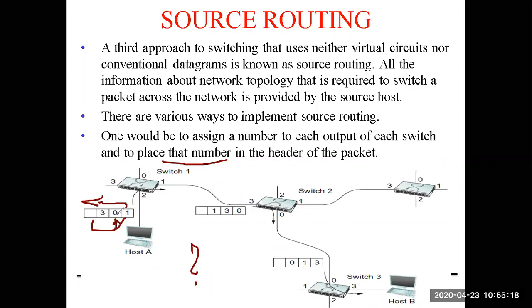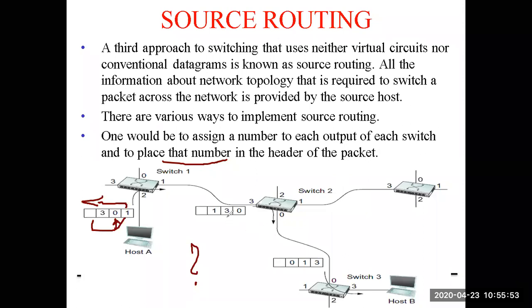That means the switch has to send it through the next port, port number zero. So it has to go to the next switch, going through the zero port. From the zero port it has to reach the next one.